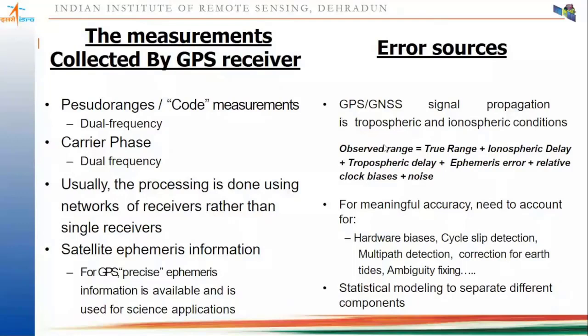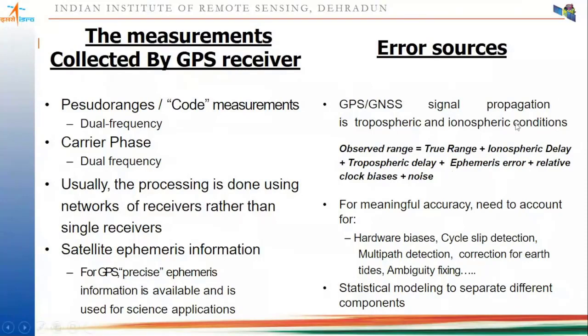This is the observed range, but it is a combination including the true range, because the signal comes through the ionosphere and the troposphere, and because of that a delay arises. That delay has to be accounted for when estimating the exact range.